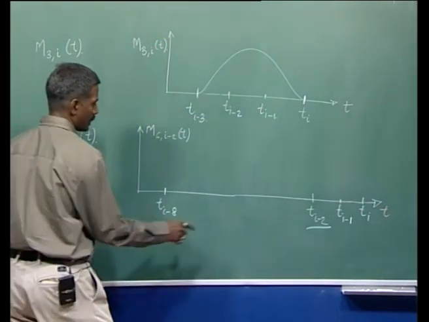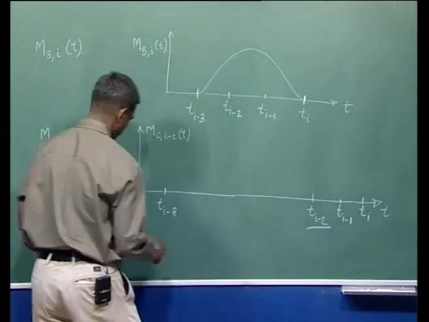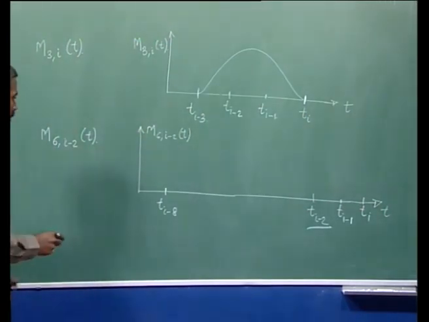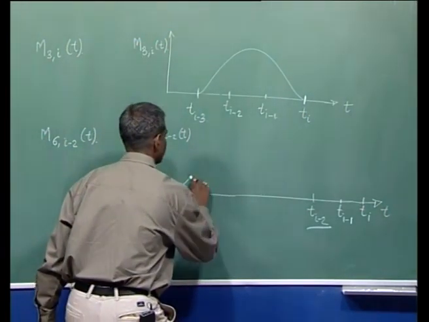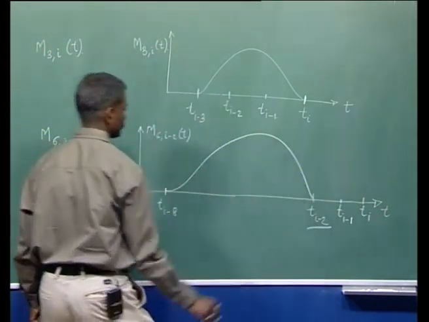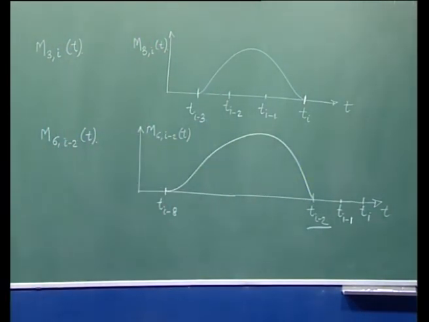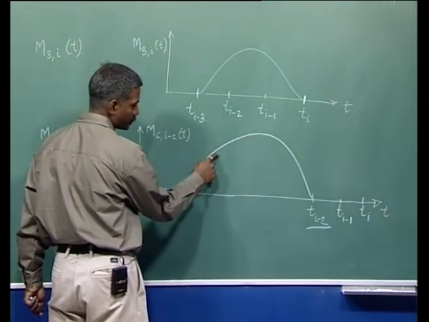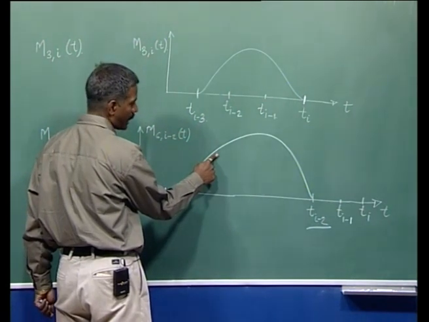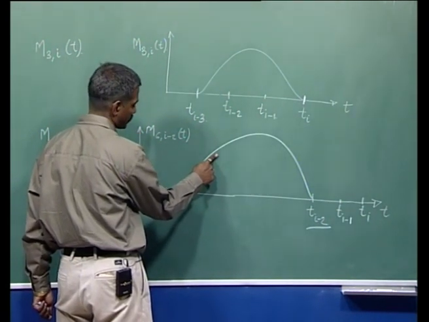Let me not worry about these intermediate knots at this time, and let me go ahead and plot M_6,(i-2) of t. I have deliberately drawn this as an unsymmetric bell-shaped function.